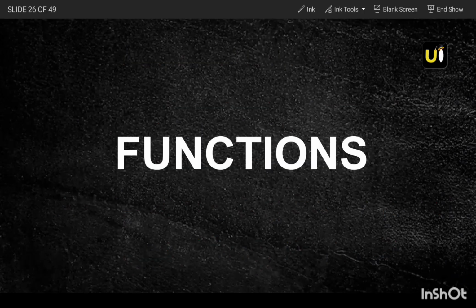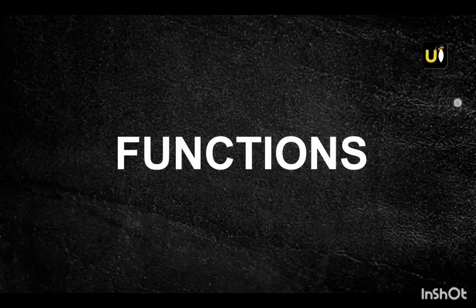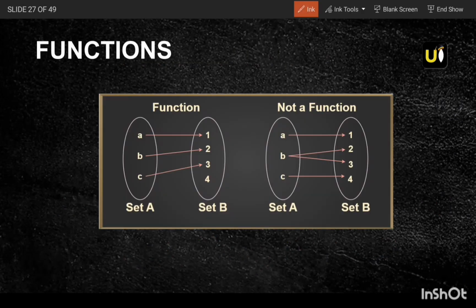Now let's discuss the topic functions. A function is defined as a relation between two given sets where the element in the domain set is mapped to exactly one element in the codomain set.